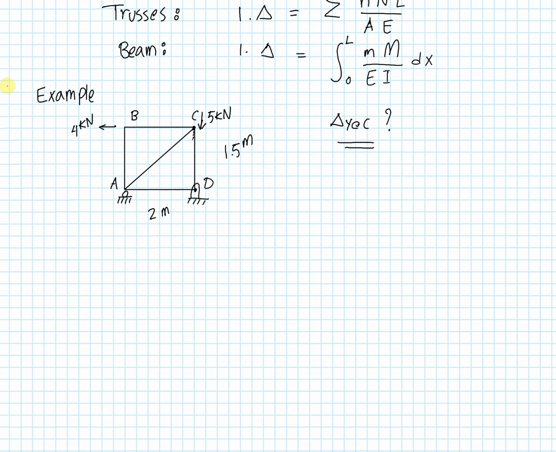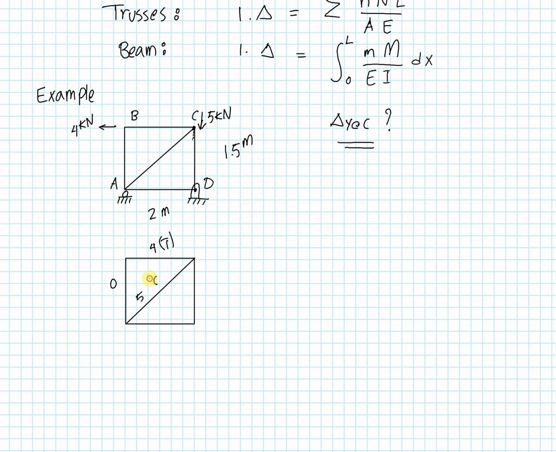The first thing that we're going to do is to solve for these forces that are shown, and that involves drawing a free body diagram and really solving for this truss structure. And if I did the math correctly, I should have the following compressions and tensions in each of the members.